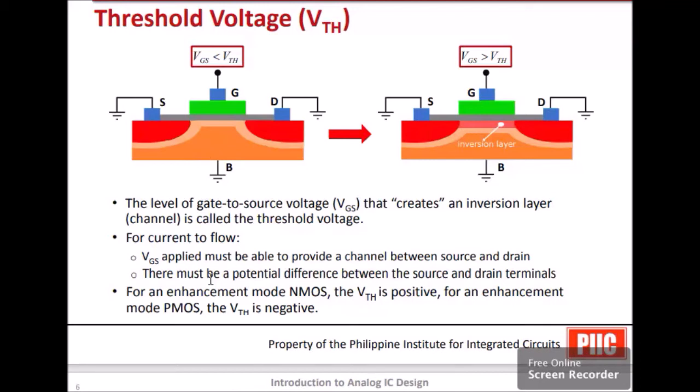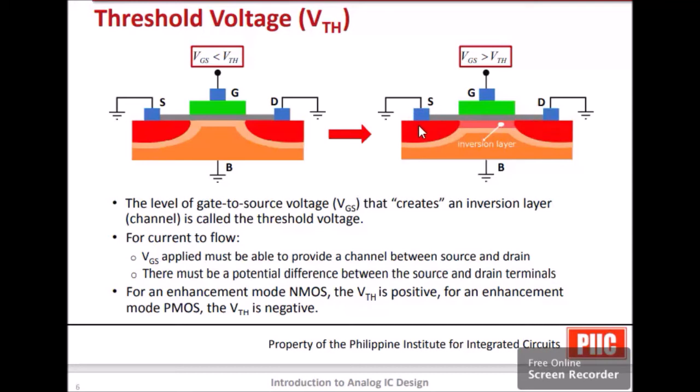Next, there must be a potential difference between the source and drain terminals. Kailangan din may voltage supply or potential difference between the source and the drain. Kasi again, dalawa yung tatandaan natin para may current na mag-flow sa ating MOSFET. Una, kailangan merong layer dito. Paano nagkakaroon ng inversion layer? Kapag yung VGS is greater than VTH. Itong voltage between the gate and the source, dapat high enough siya para makacause nito. And then, kailangan din may magtulak sa mga electrons na to.